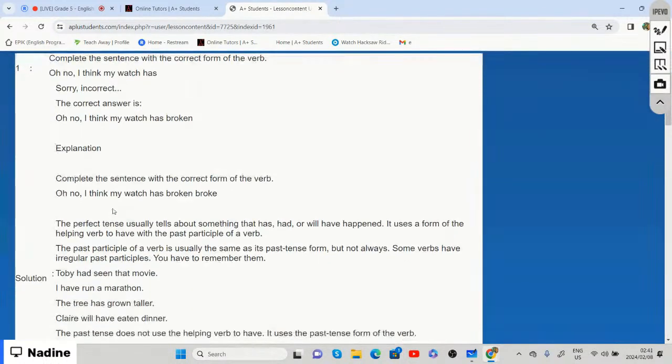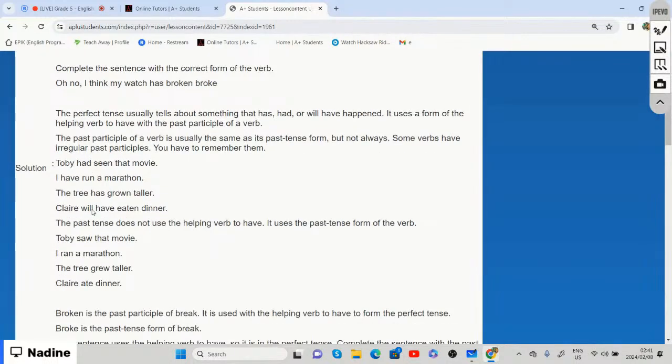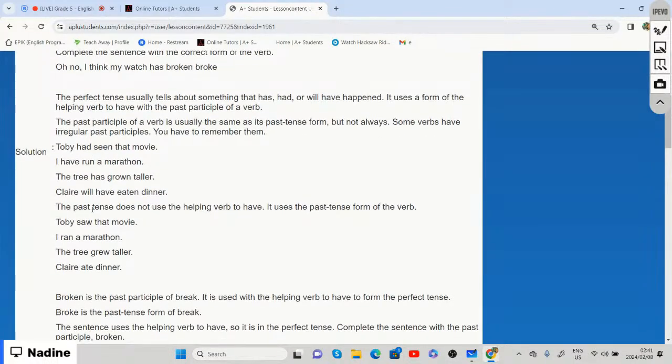And then we need to choose between the past participle, right? And also the past tense.